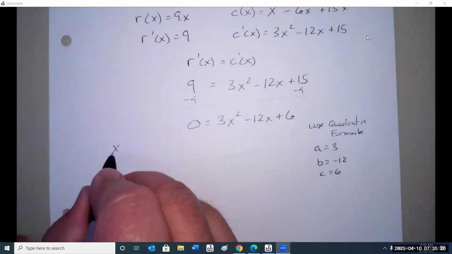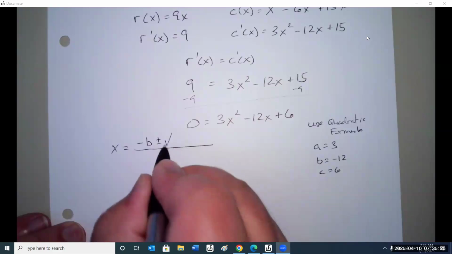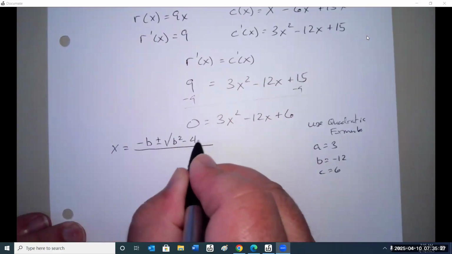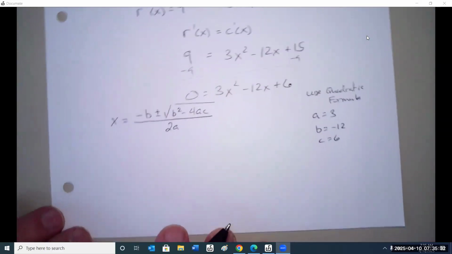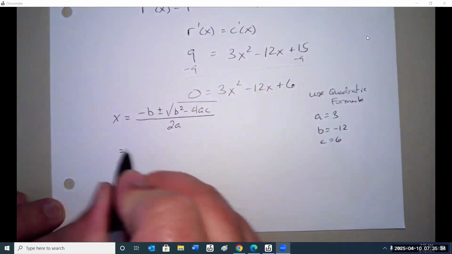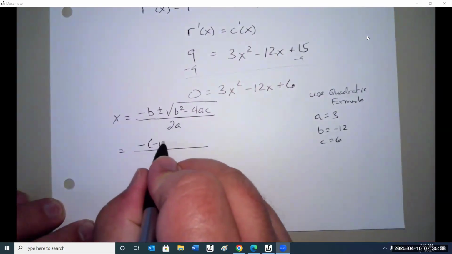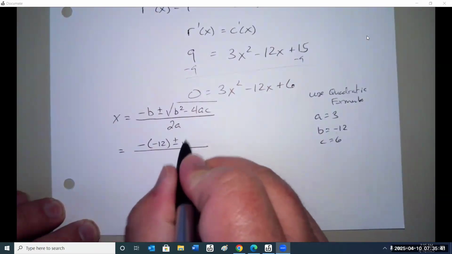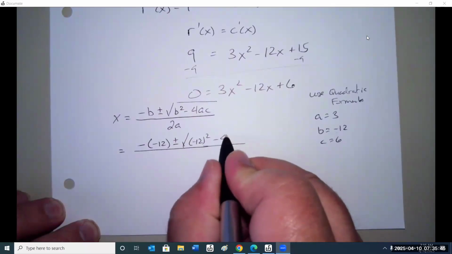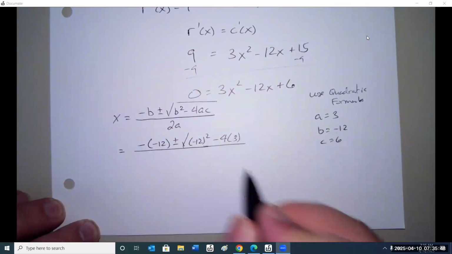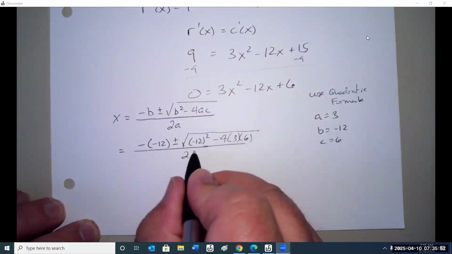So the formula we'll be using is the quadratic formula, negative B plus or minus the square root of B squared minus 4AC, over 2A. Plug in what we know. B is negative 12. So it's negative 12 squared inside there, minus 4 times A times C, over 2 times A.